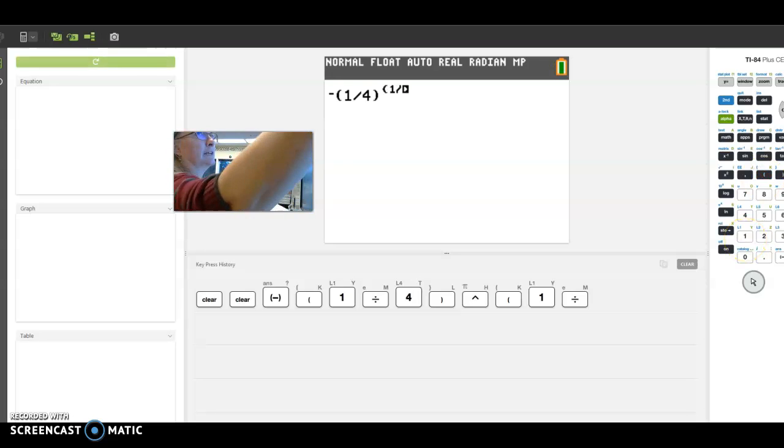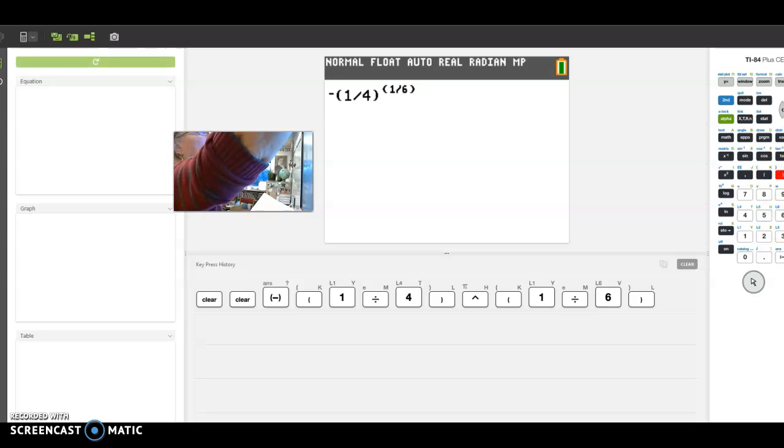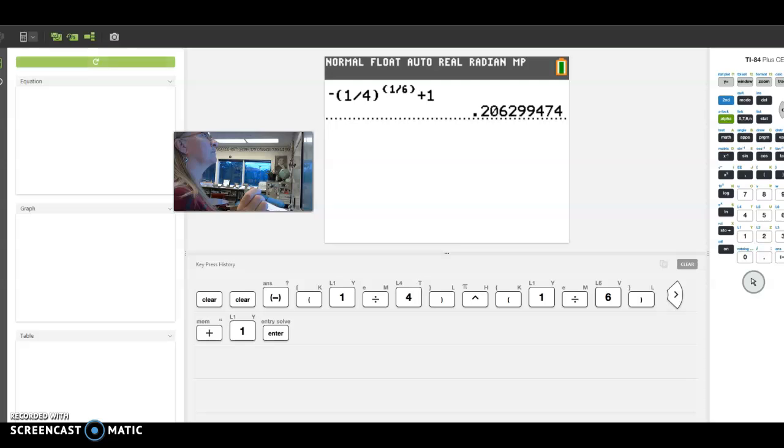So raise it to the 1/6, end your parentheses, and then add 1, and I get R equals 0.206. This is a decimal, so to turn it into a percent, we move the decimal over 2 places and you would get 20.6%. And that is the annual rate of depreciation for that car. All right, that's it.